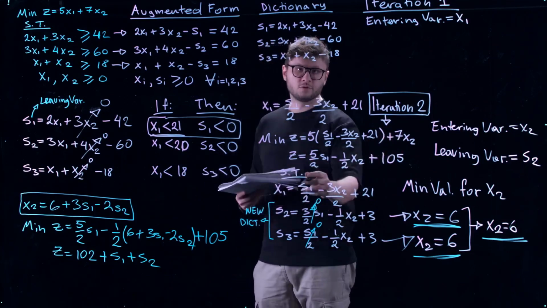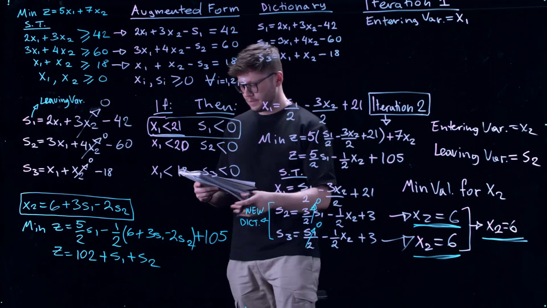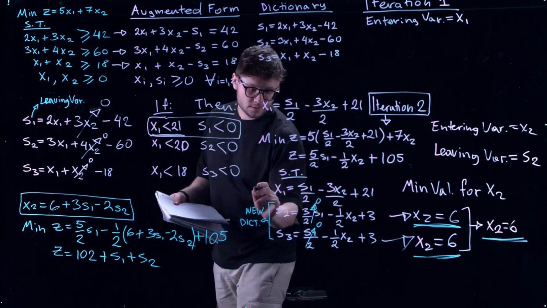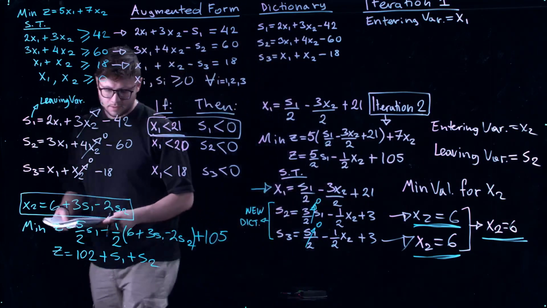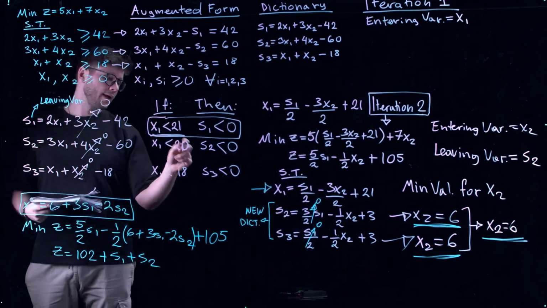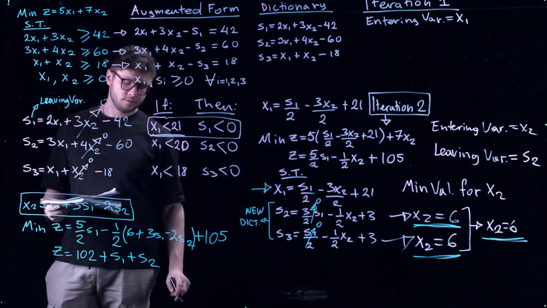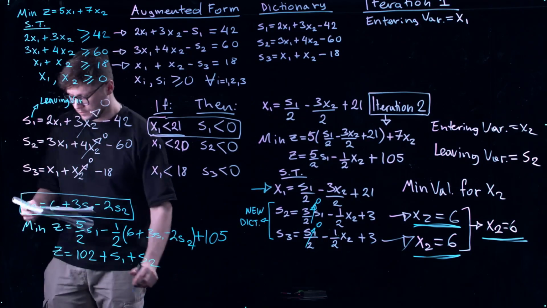Our s1 equals 0 from the previous iteration. So we're going to use this constraint and solve for x1 by plugging in the value of 6 for x2.